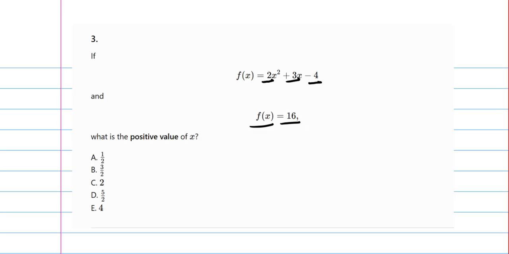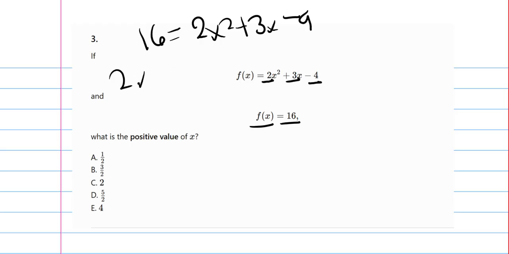Sorry. So now we're given that, so I can say that a is equal to 2. I forgot to substitute 16. 16 is equal to 2x squared plus 3x minus 4. Earlier we got 2x squared plus 3x minus 20.